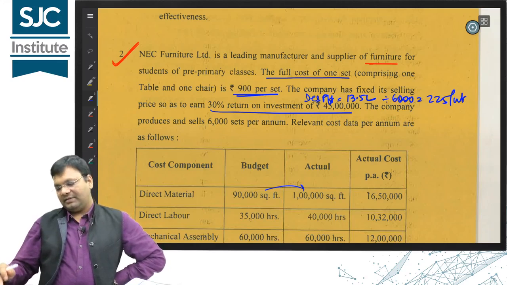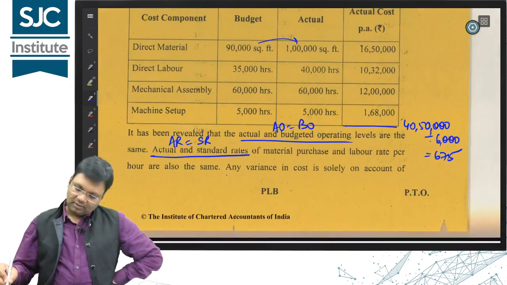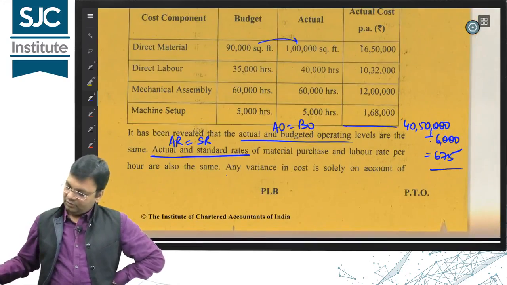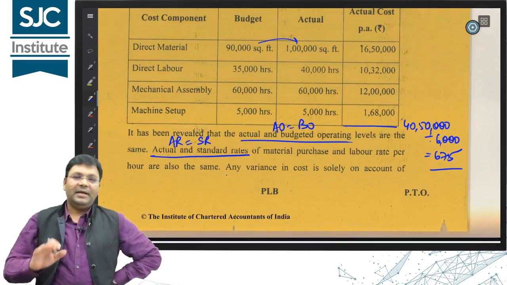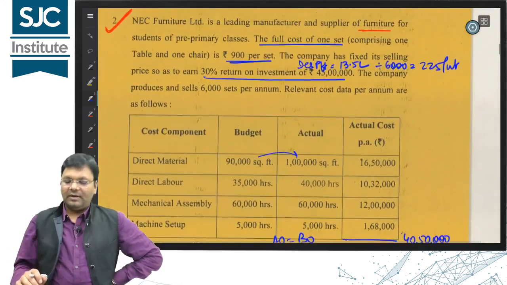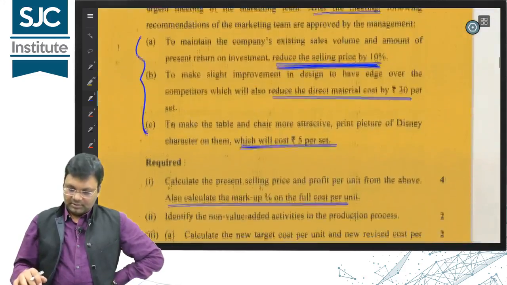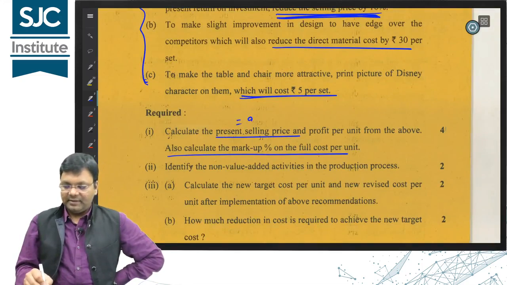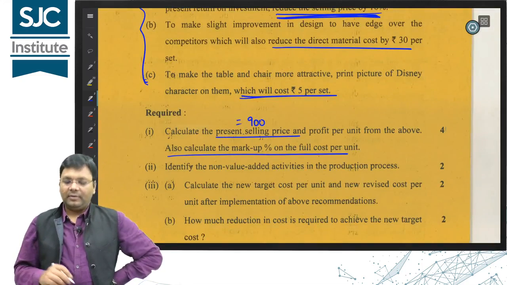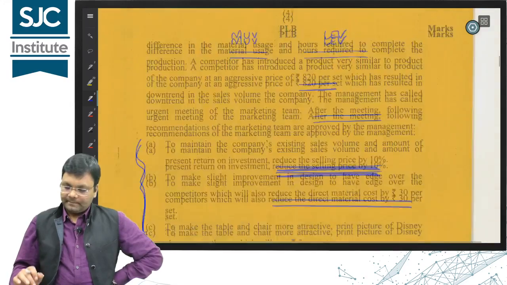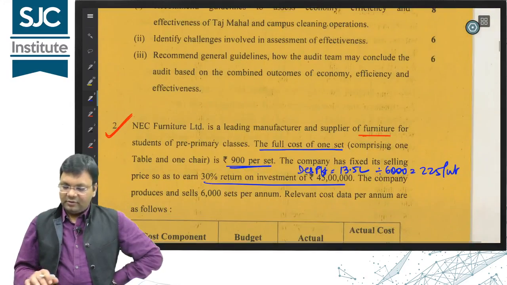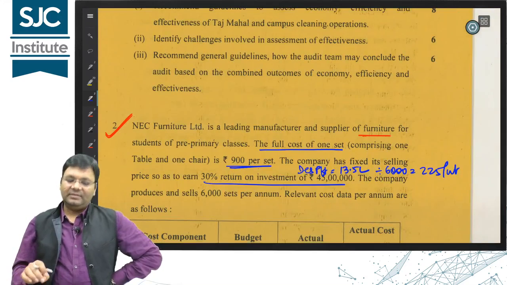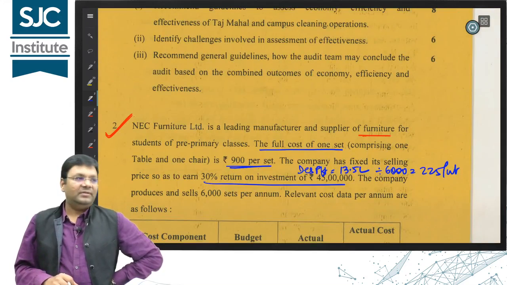So if you add the current cost 675 with 225, what you are getting is 900. So what I told you, that there is some ambiguity in the question. Present selling price is coming 900, okay, but what is written here? Full cost of one set is 900. So this is some kind of ambiguous information.